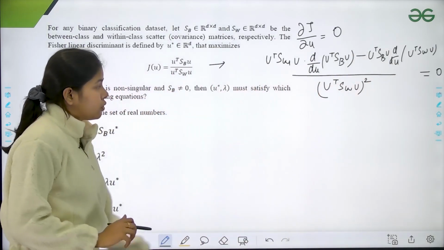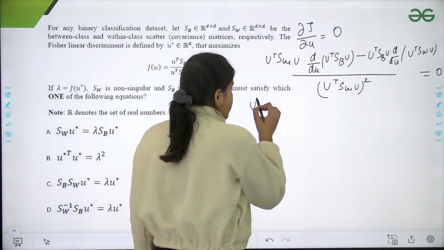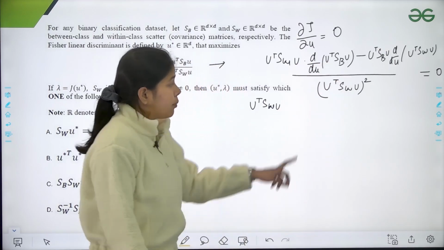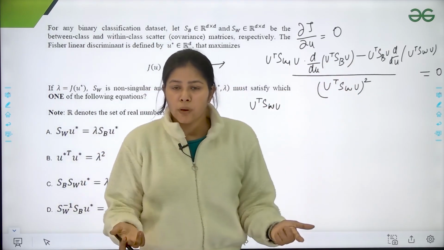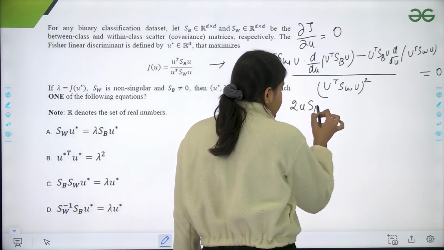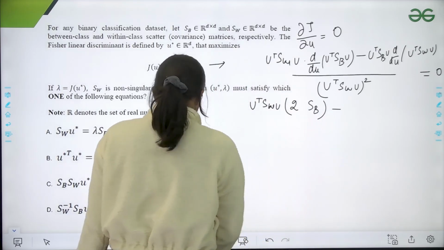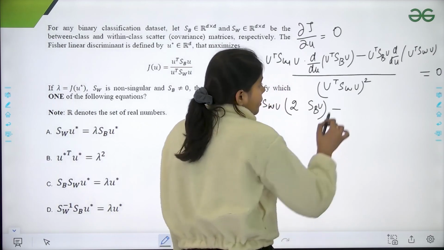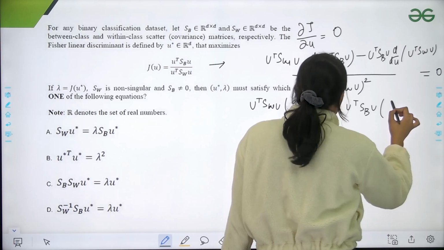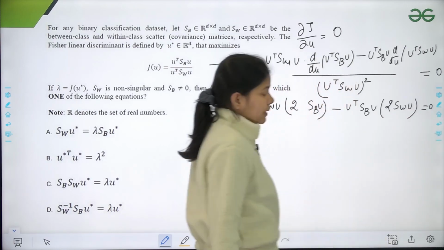So if it is equal to 0, this denominator would go to the right hand side, so it would become 0. Now let's keep U transpose SW U as it is, derivative of this, because it is U transpose U, that is U square, so derivative would be 2U. So it would become 2 SB U minus U transpose SB U, and let's write this as 2 SW U equals to 0. Right, this is a derivative.